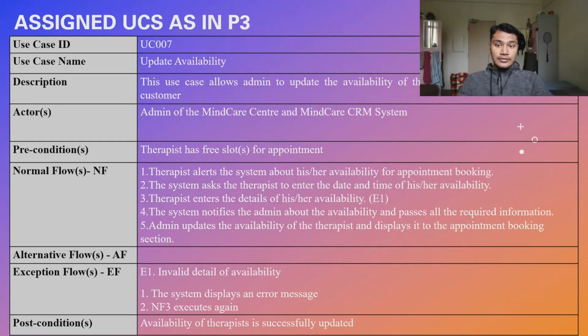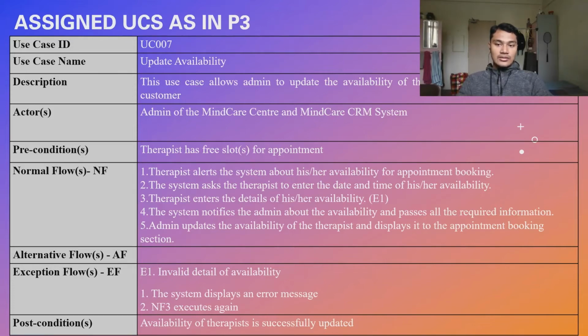As for precondition, the therapists themselves should have free slots for appointment booking session. And for the normal flow, number 1, the therapist notifies the system about his or her availability for appointment booking. The second one, the system asks the therapist to enter the date and time of his or her availability.